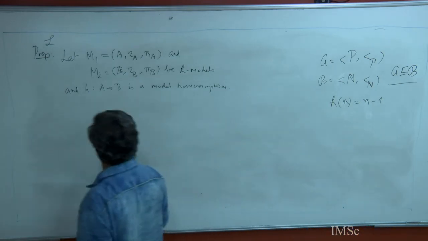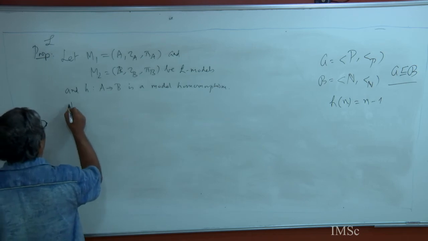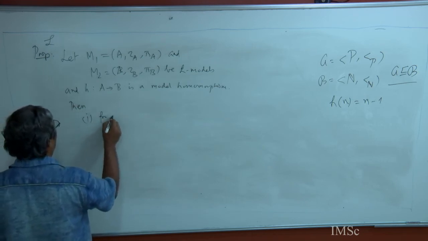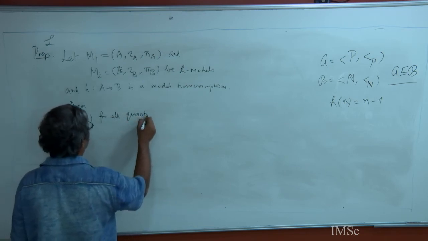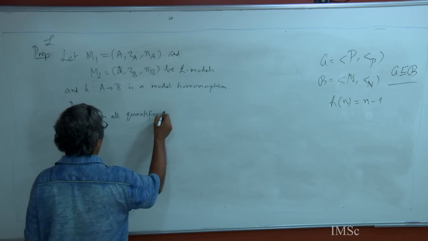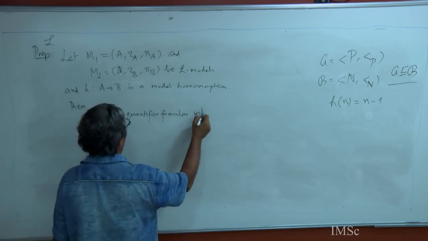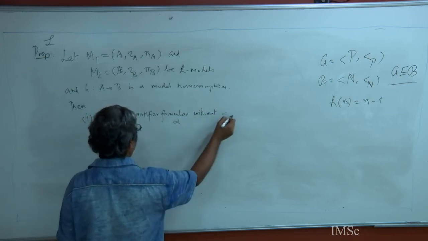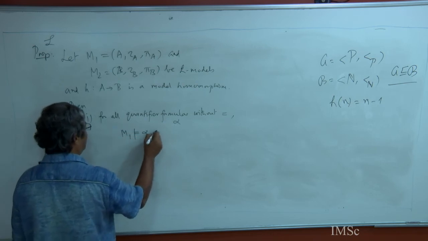Then I'm only talking about homomorphism here, not isomorphism. Then, one, for all quantifier free formulas without equality alpha, M1 satisfies alpha implies M2 satisfies alpha.